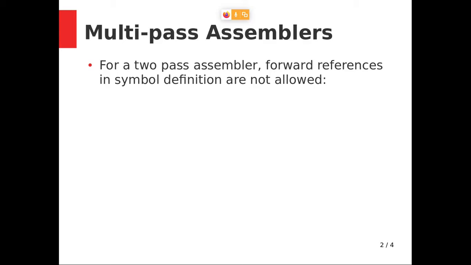For a two pass assembler, forward references in a symbol definition are not allowed. Symbol definition means we are defining some symbols with the EQ directive: alpha EQ beta. That means alpha is same as beta. We have already discussed that.